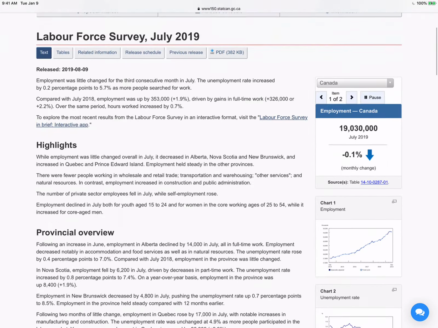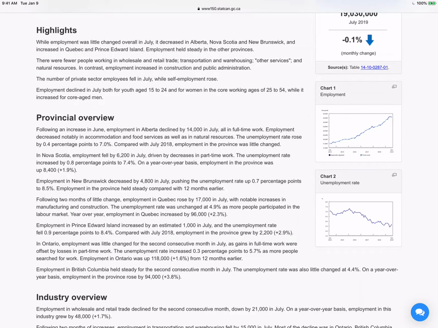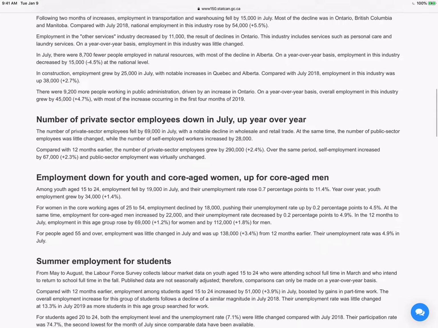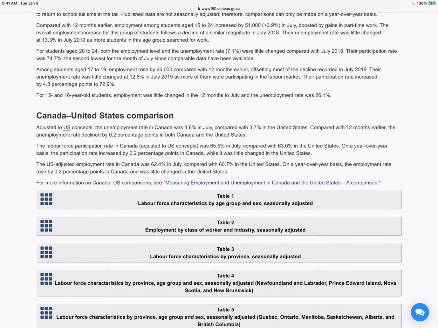To do that, what we would do is scroll down to the bottom of the page, and there you can see labor force characteristics by age group and sex. So that first table will tell you the unemployment rate of individuals by gender, and it also will look at students.